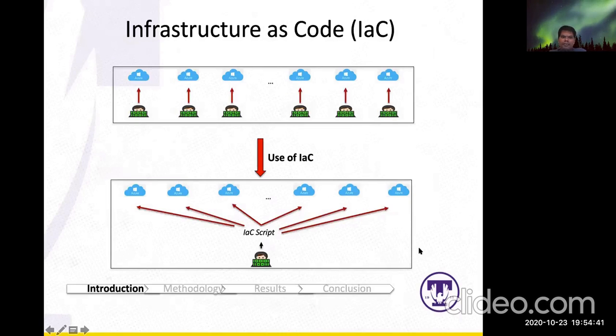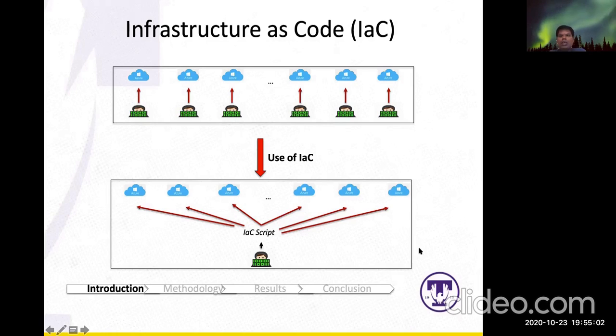From a very high level, let's try to demonstrate what infrastructure as code is. Let's assume that there's a system administrator who has to provision 10 Azure instances. One way of doing things is that the administrator writes one script, executes it manually, and repeats the whole process multiple times.